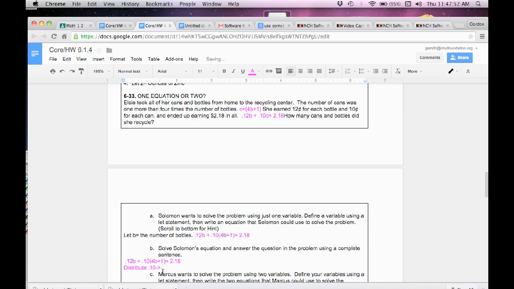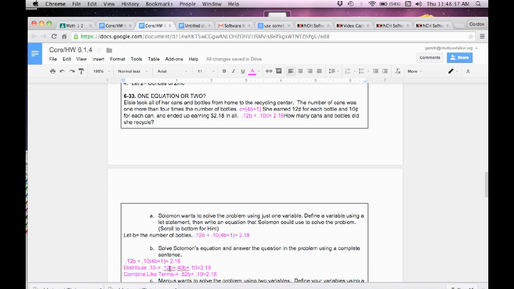And that's going to get me 0.12b plus 0.10 times 4 is 0.40b plus 0.10 times 1 is 0.10, is equal to 2.18.